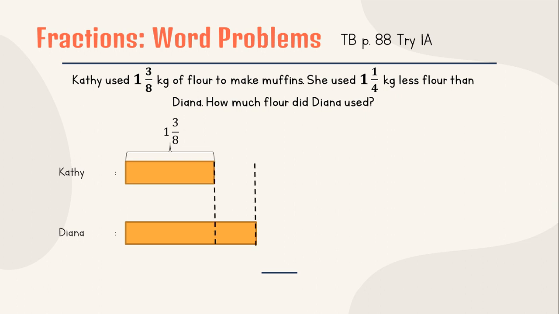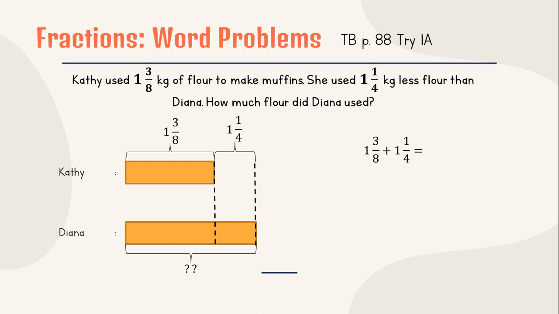And how many more? 1/4. So Kathy used 1/4 kilogram less flour than Diana. And then the question asks you, how much flour did Diana use? Before we go, how do we know which operation to use?